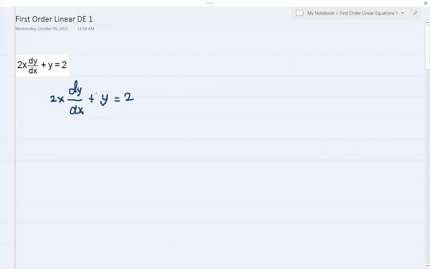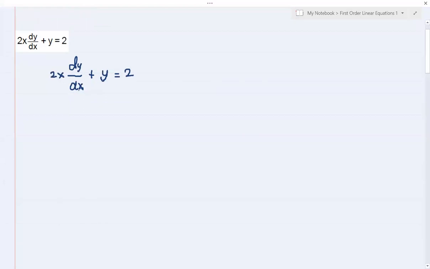To make it into standard form, we're going to simply divide both sides by 2x. By dividing both sides by 2x, we will have dy all over dx plus y all over 2x is equal to 1 all over x.